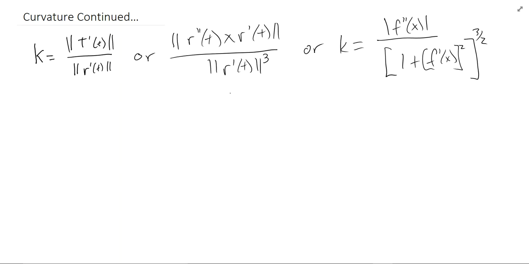Let's look at an example, maybe using the second formula. Let's take our function r of t equals t squared, natural log of t, times the natural log of t.